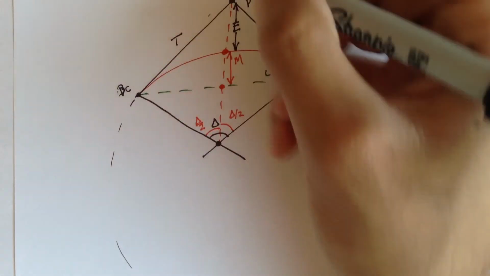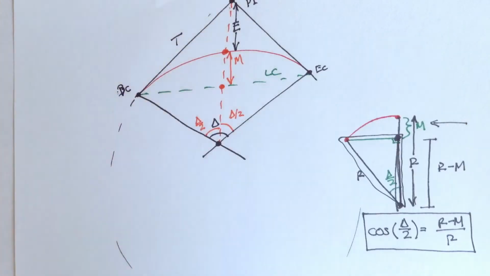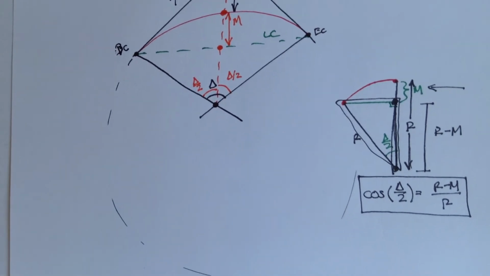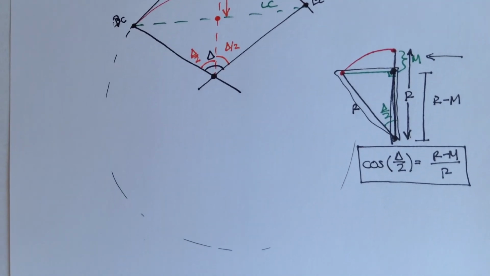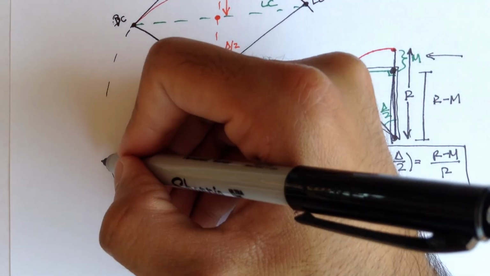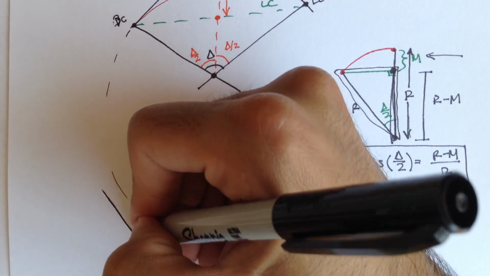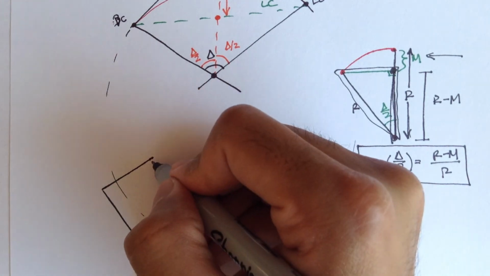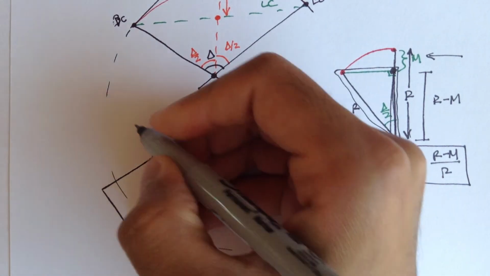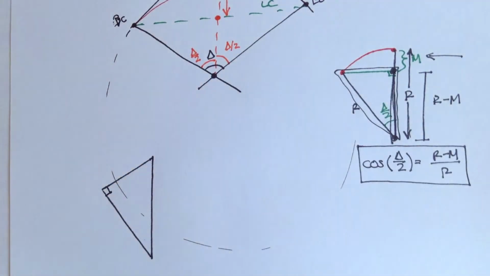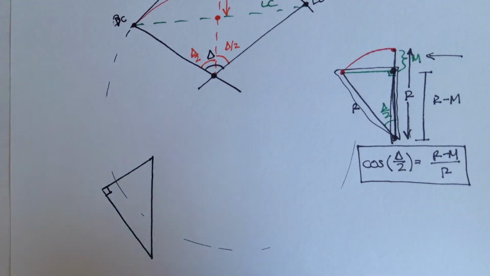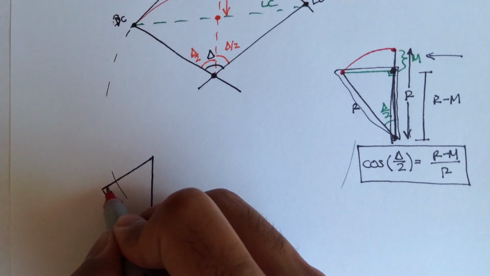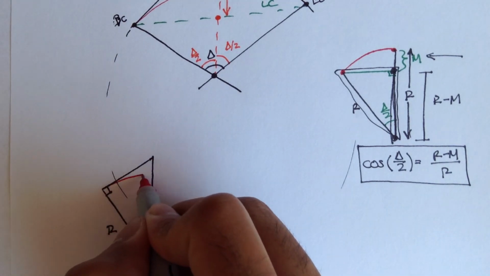Remember, this distance from the BC to the PI is the tangent, that's a T. Let me draw this by hand. This is the radius, and the curve is doing something like this.